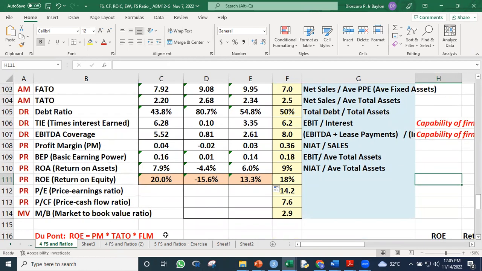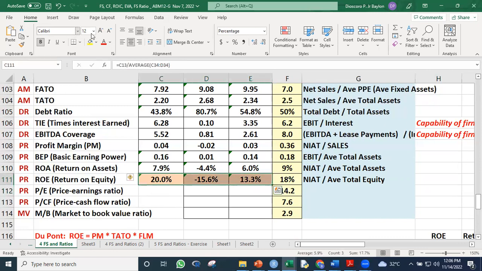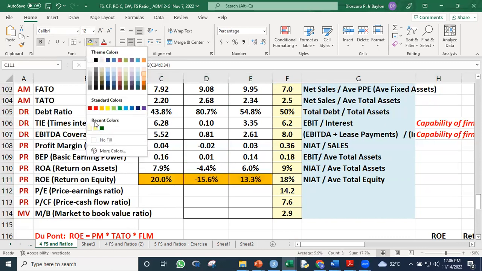Okay, got this, guys? So this is equal to total equity. There. Okay, did you get the same figures? Tanggalin ko nga yung zero.